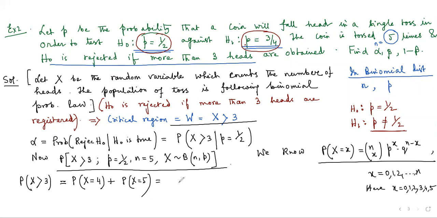which is equal to 5C4, and your null hypothesis is true. That means you are assuming half over here, half to the power 4. Small q is also half, because it is the complementary to that. I must write here small p plus small q equals 1.